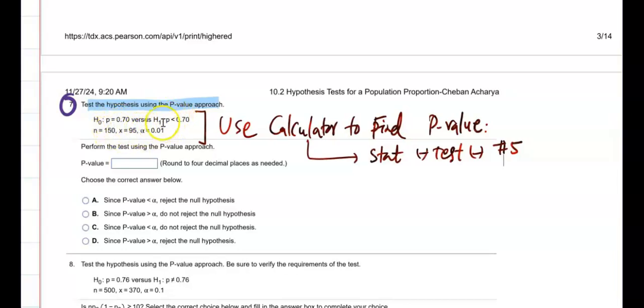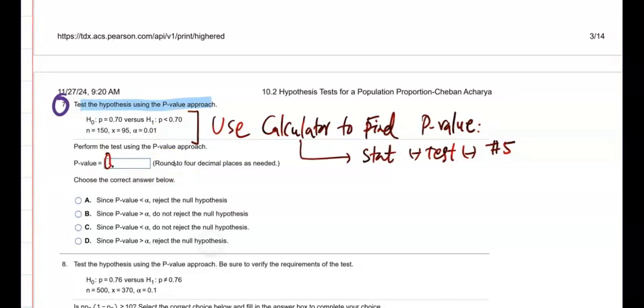Make sure that you choose the left tail test, the less than symbol, in the calculator, and you find the p-value. So in this case, p-value is going to be 0.0374. That's what you get. Again, you pause the video and do it yourself and you'll find that.